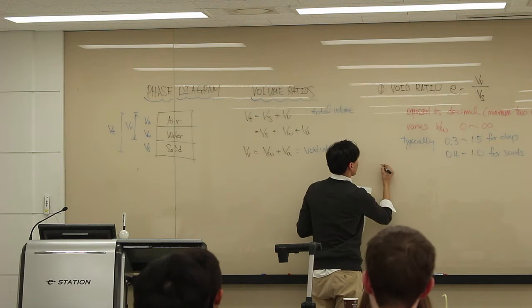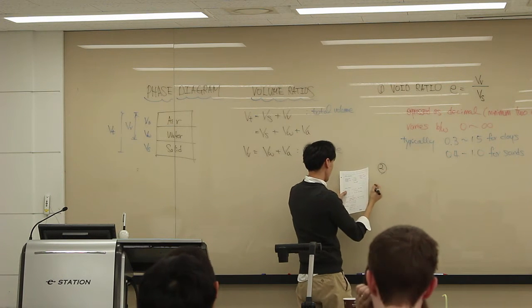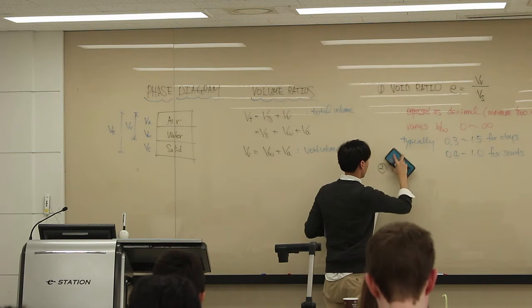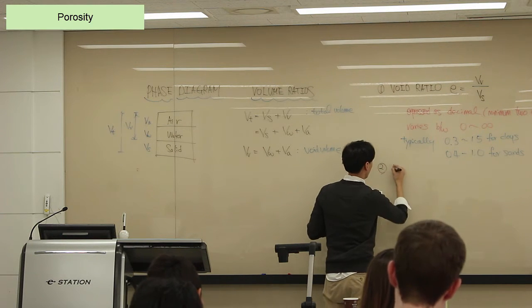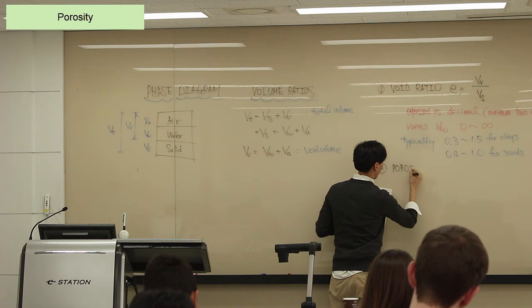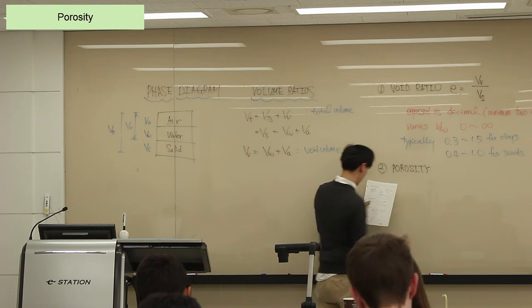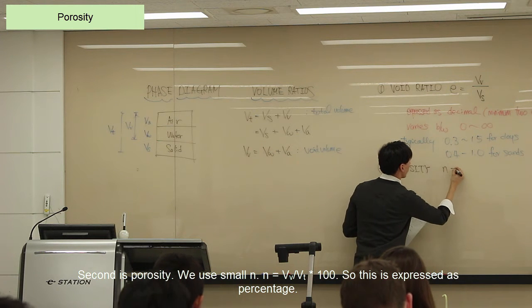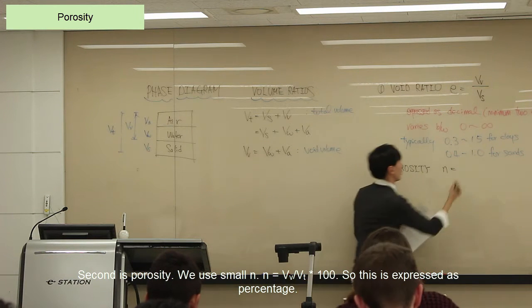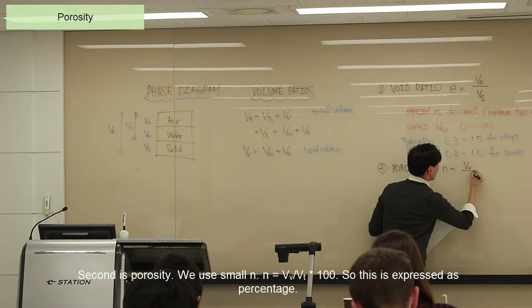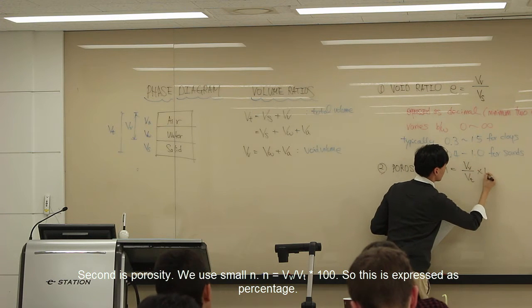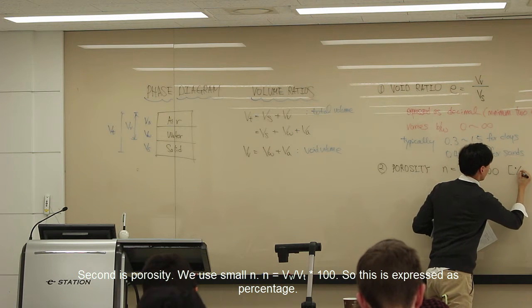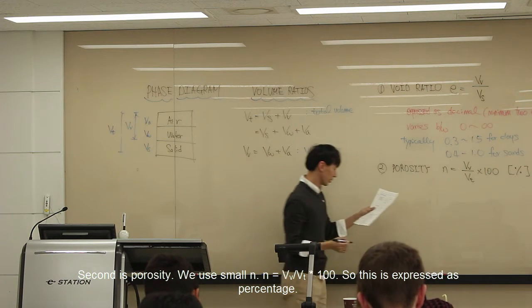That's one definition. Second, porosity. And here we use small n, the void volume over total volume times 100. So this is expressed as percent.